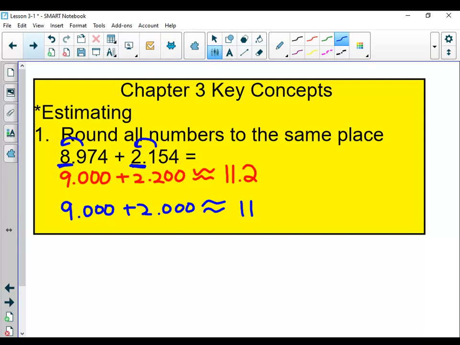We can both pick a different place value. Look how close our answers are. And now, if they weren't very close, one of them or both of them should be suspicious, like, ooh, maybe I made a mistake somewhere. But these two are so close, both of them can be okay.